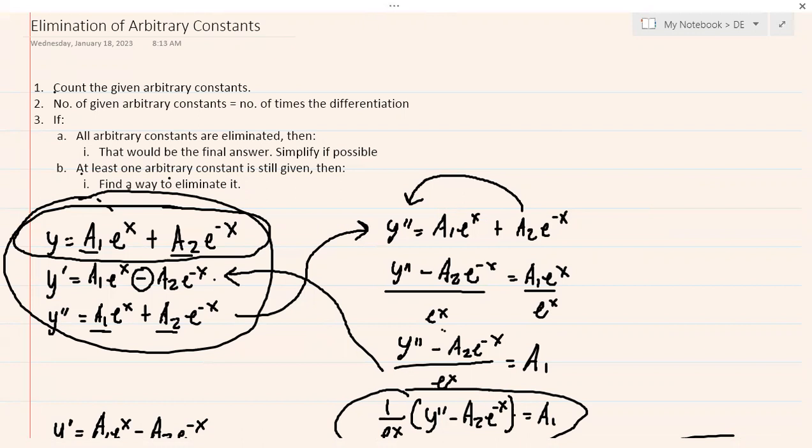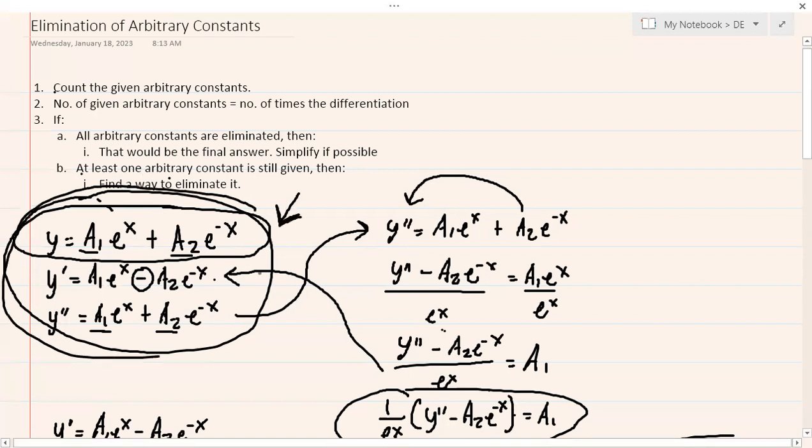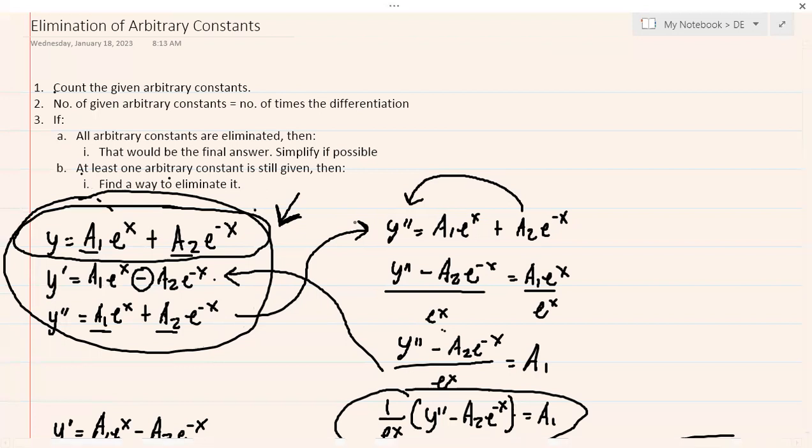Yung isa, i-discuss ko sana yung another technique para i-eliminate yung arbitrary constant kapag ganito yung given natin. Kapag ganito yung given natin, ito yung binilugan ko. There is, pero since we have no time, so I think discuss ko lang yata sa practice video or maybe I've discussed that once before sa isang practice video about this one.